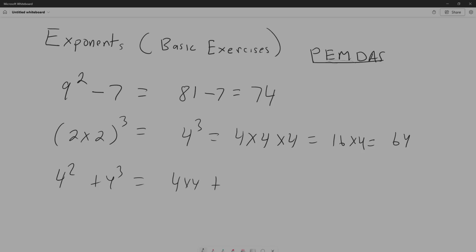So what is 4 cubed? That's 64. So we're going to do plus 64 instead of 4 cubed. Now 4 squared is 4 times 4, which is 16, so 16 plus 64. And that again, of course, is going to be 80.